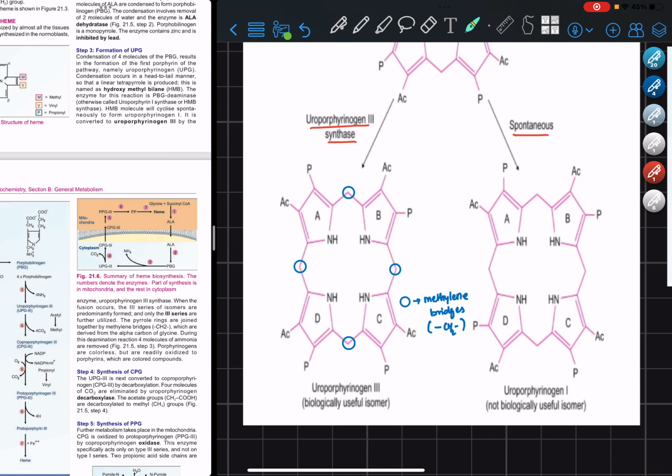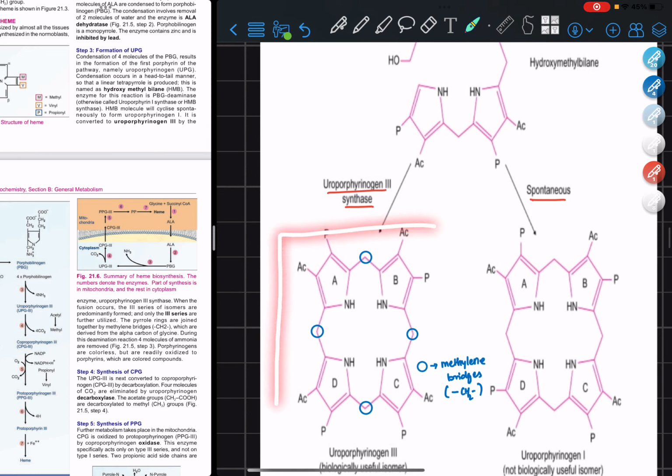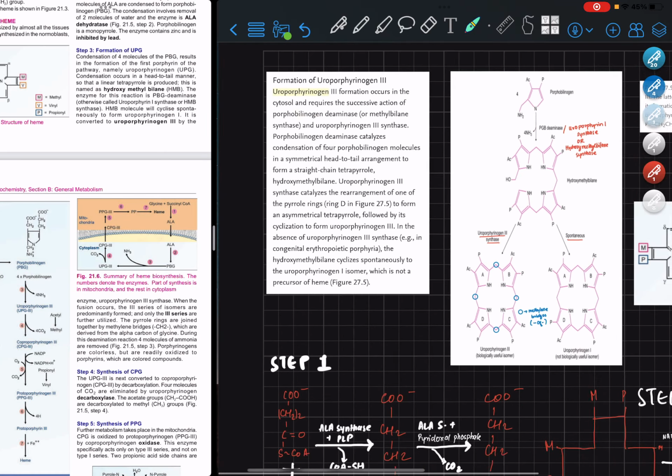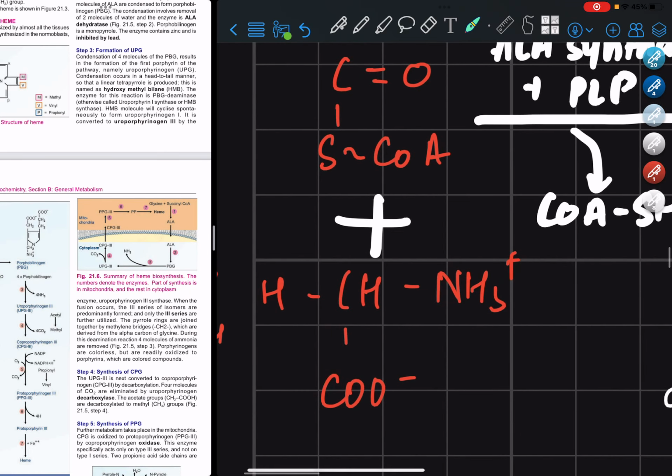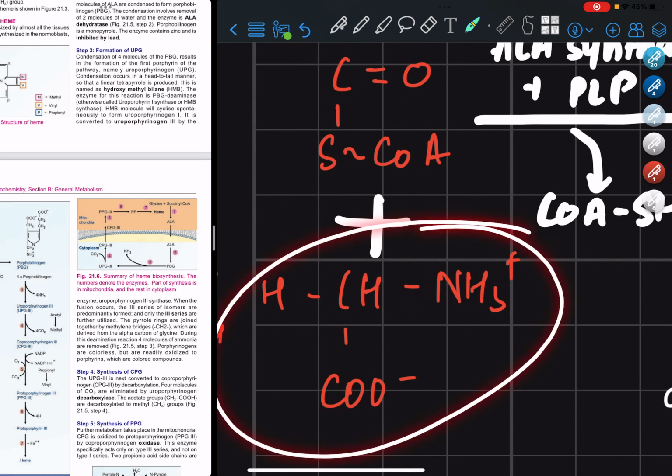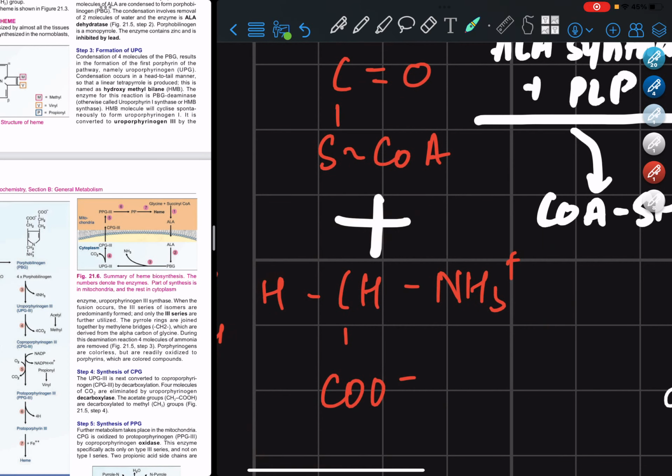Now in this molecule, which is UPG3, uroporphyrinogen 3, we see methylene bridges, that means CH2 bridges. Now where is the carbon for these coming from? It is coming from the alpha carbon of the glycine molecule, which was there in the first reaction.